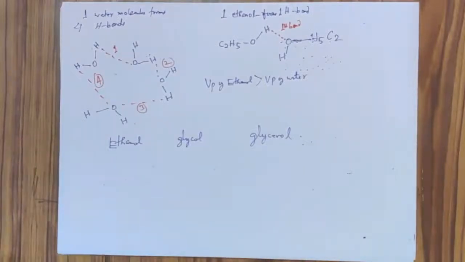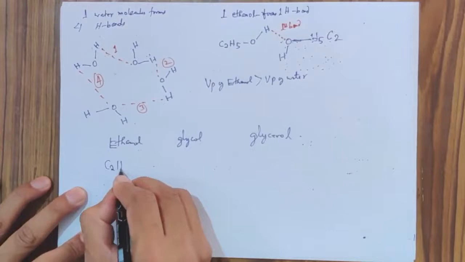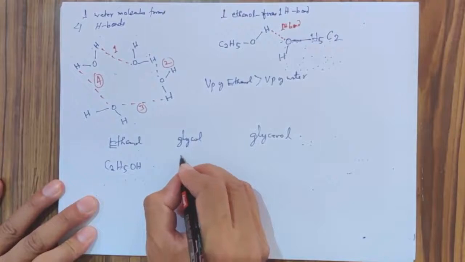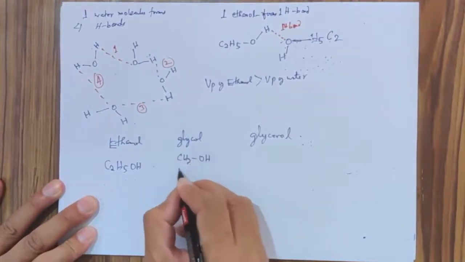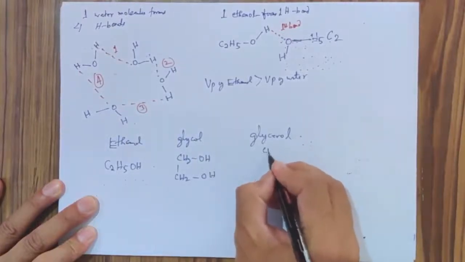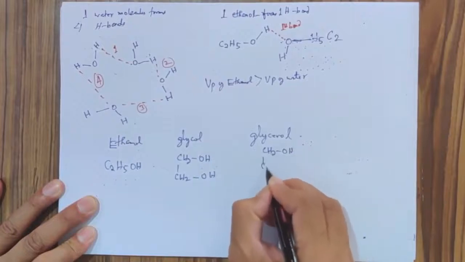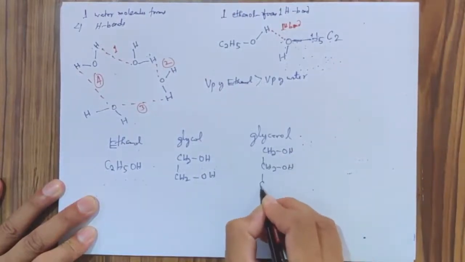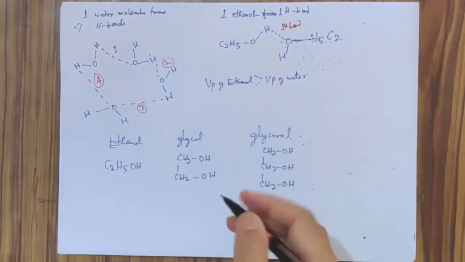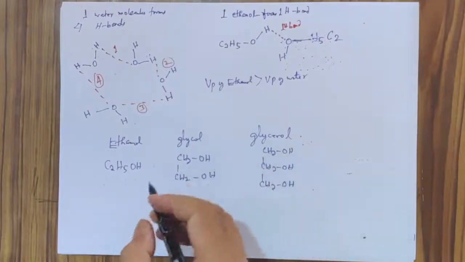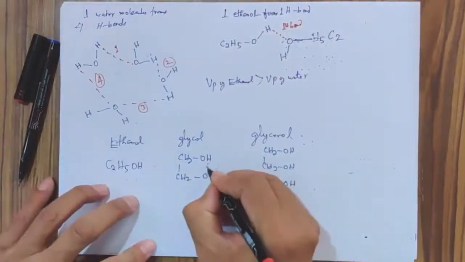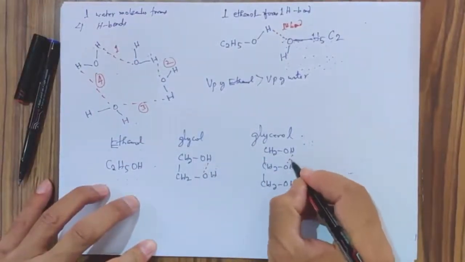Ethanol is C2H5OH. Glycol is C2H4(OH)2, and glycerol is CH2OH, CHOH, CH2OH. Hydrogen bonds form between hydrogen and oxygen, that is, hydrogen and an electronegative atom.